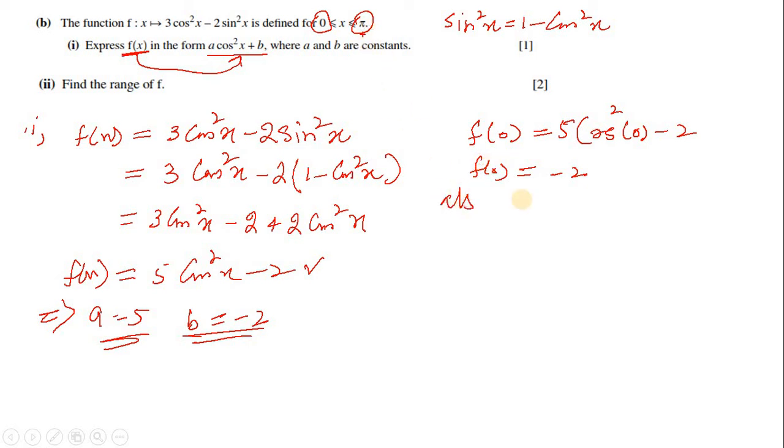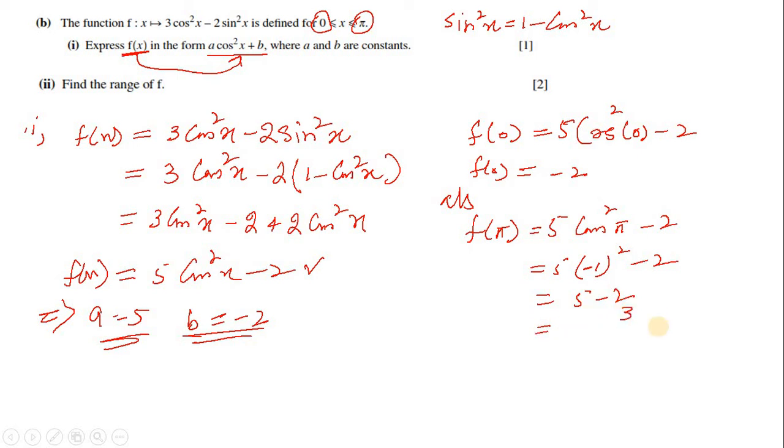Also substitute pi, so f of pi is equal to 5 times cos square of pi minus 2. So cos pi is minus 1, and minus 1 squared is positive 1, so 5 minus 2, that means 3.